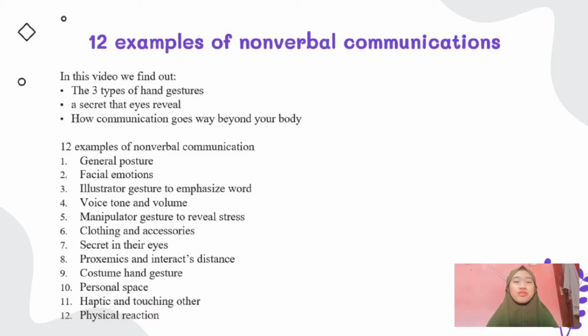2 is facial expression. We're naturally drawn to see faces, and it is the most important area where we express emotion without words. For example, when someone presses their lips, you know that they have an emotional reaction.